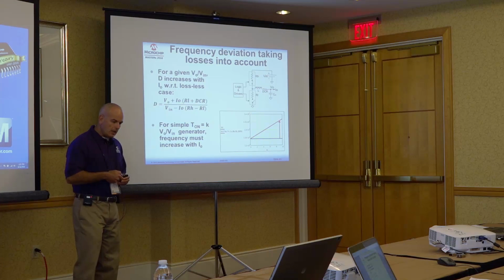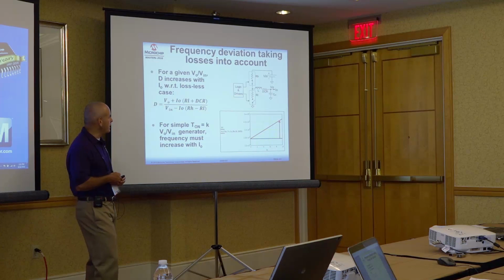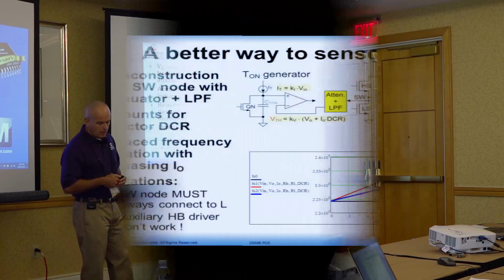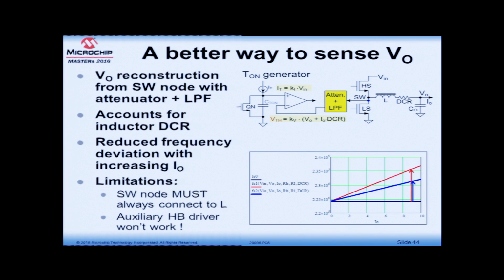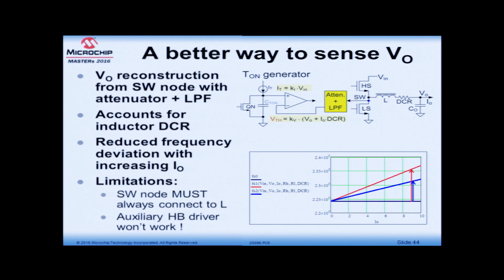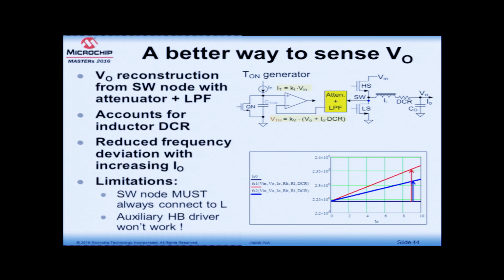Now, is there a better way of doing things? And yeah, there is a better way of doing things, which is what has been implemented in our controller. So instead of looking directly at the output voltage in order to generate the on-time, we are looking at the switch node. We attenuate down the switch node waveforms and we apply fairly heavy low-pass filtering.